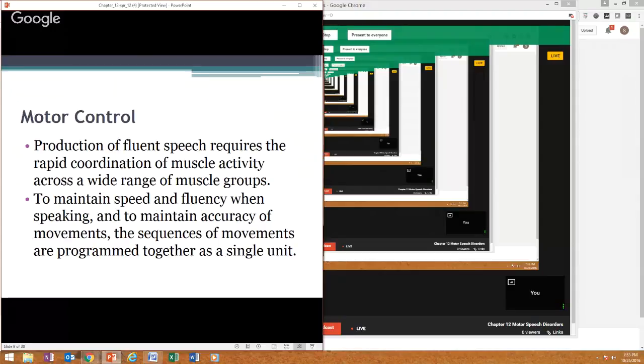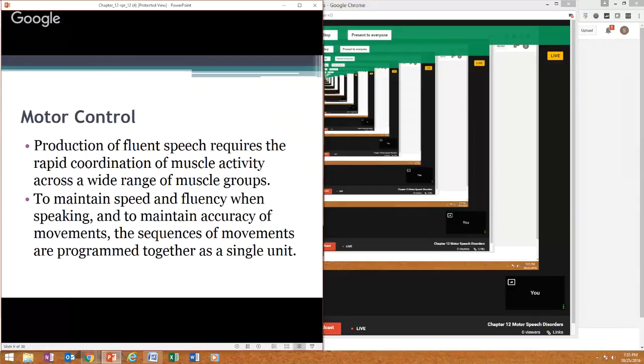Motor control refers to production of fluent speech requiring the rapid coordination of muscle activity across a wide range of muscle groups to maintain speed and fluency when speaking and to maintain accuracy of movements. The sequences of movements are programmed together as a single movement.